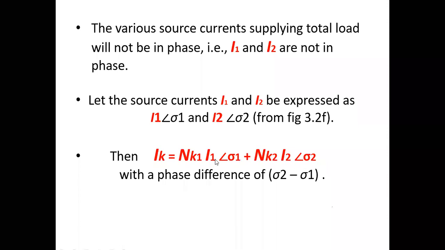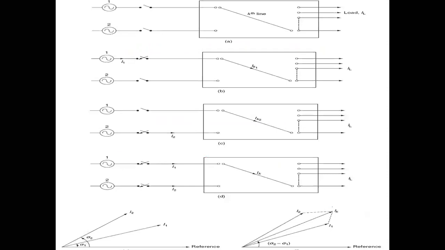And coming to the phasor difference between I1 and I2, it is already explained in the phasor diagram, that is sigma 2 minus sigma 1. In this figure, these two currents are present at sigma 1 and sigma 2 with respect to the reference.